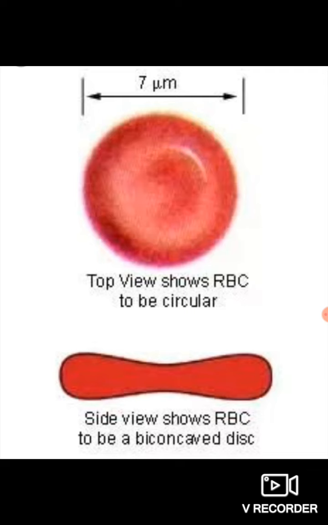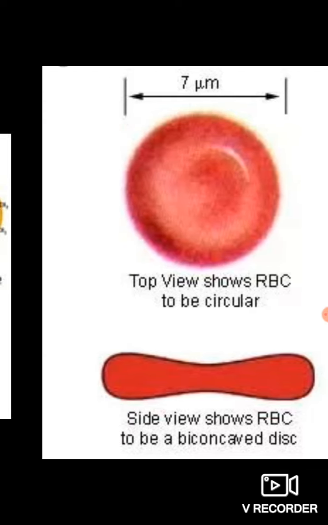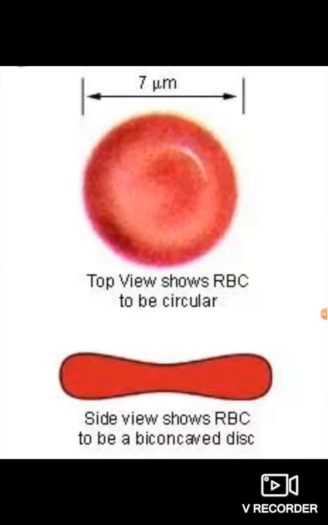Now, what is the shape and structure of this RBC? RBCs are very minute. They are biconcave in structure. As you can see here, they are biconcave disc-like structures. Biconcave means what?